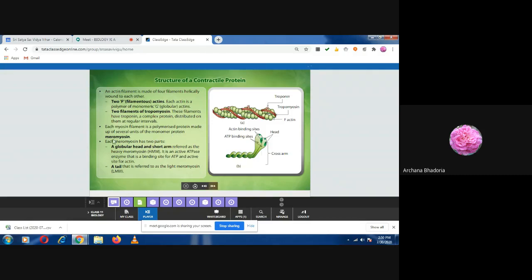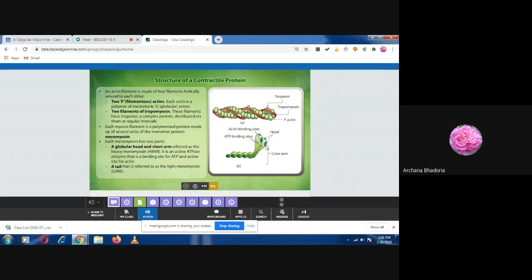We call it meromyosin. Now to understand the structure of one meromyosin, each meromyosin has a globular head and a short arm, which you call the heavy meromyosin. So this much part is your heavy meromyosin.